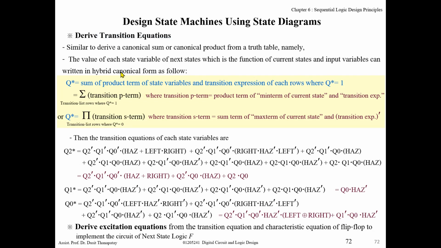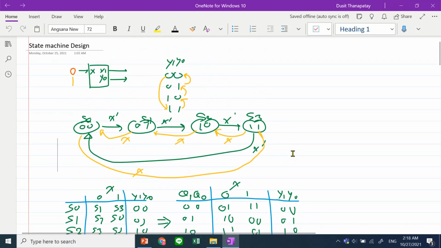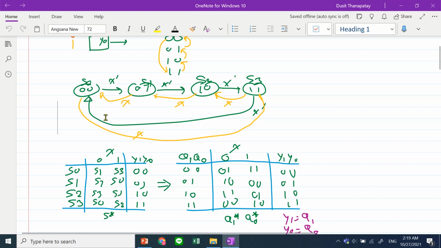Okay, I will show you an example. For the previous lecture, I showed you how to design a binary counter by using input X to control count up or count down. Last time, the design used a state output table at the beginning.